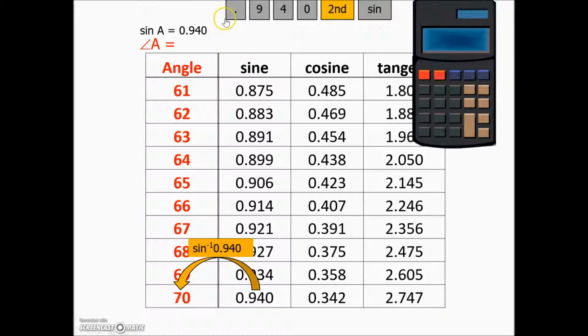You will enter your ratio first and then activate your inverse sine, which is what's printed above the sine key, by generally hitting the second or the inverse key and then the sine key. Once that is pressed, the display will give you the measurement of that angle to answer the question.